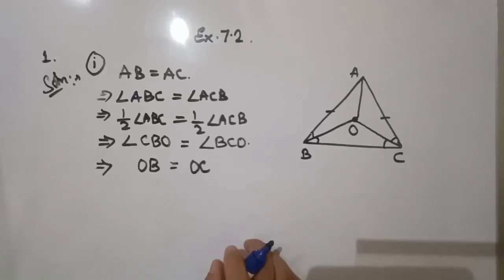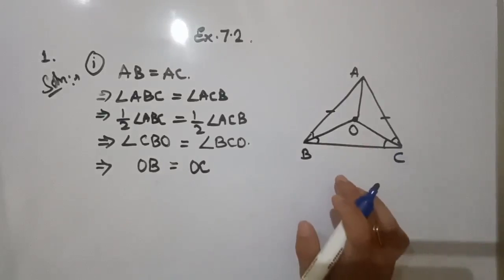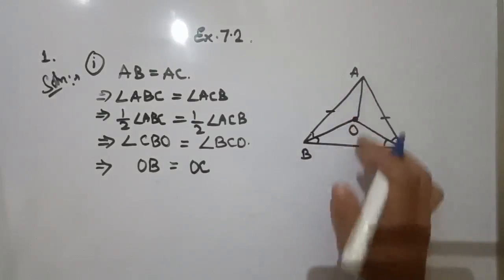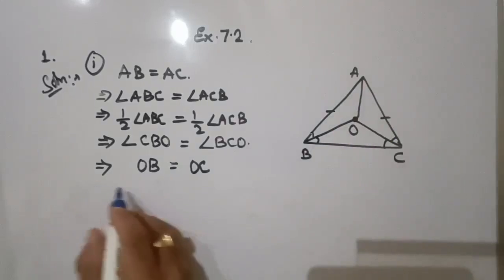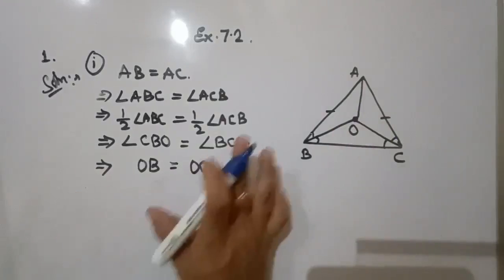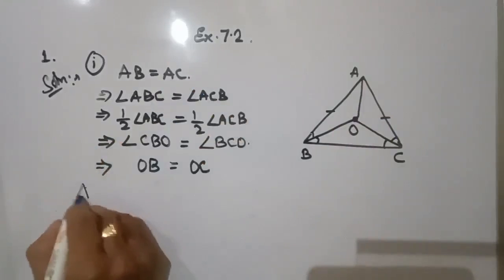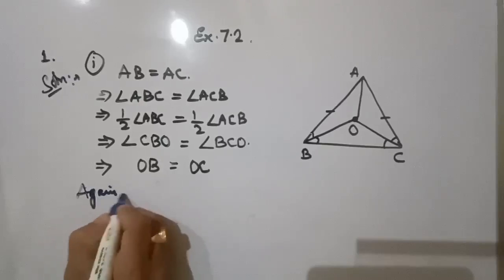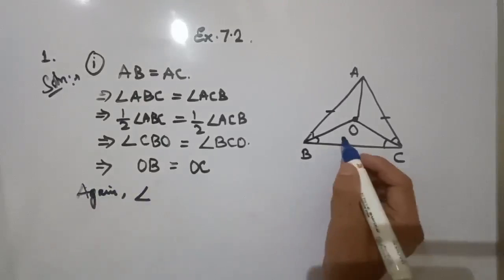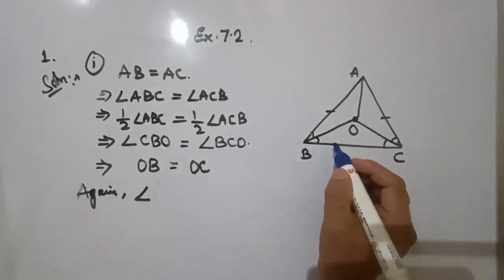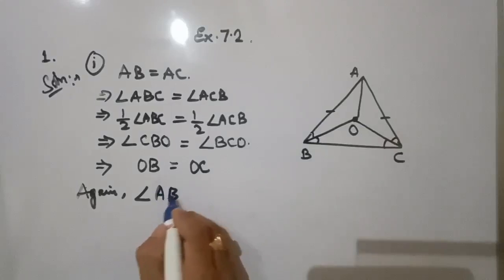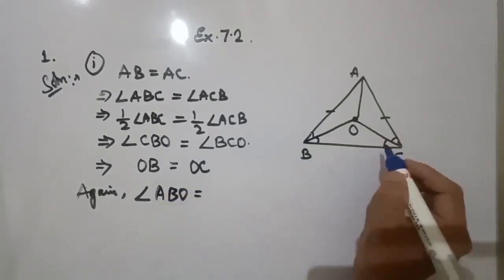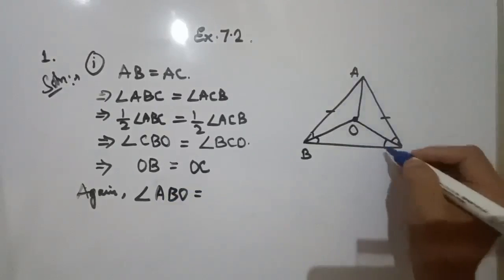Now for the second part, we are to prove that this line segment OA bisects the angle A. Again, measure of angle ABO will be equal to measure of angle ACO.